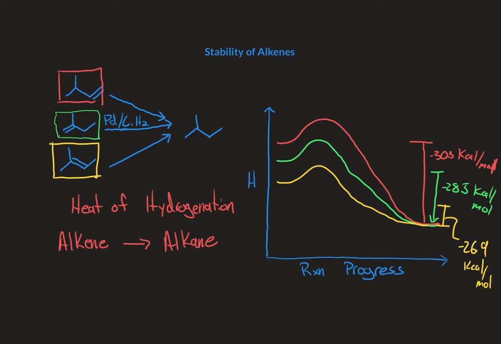And so what we can see from here is that a monosubstituted alkene is roughly 2 kcals per mole less stable than a disubstituted alkene, which is roughly 1.5 kcals per mole less stable than a trisubstituted alkene.